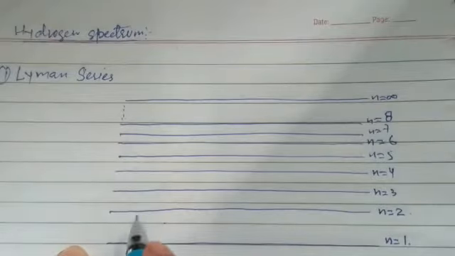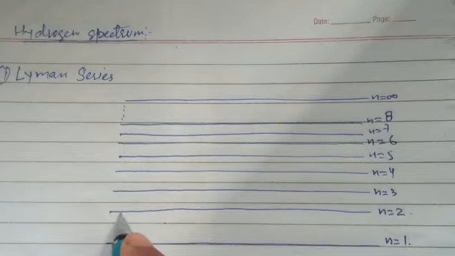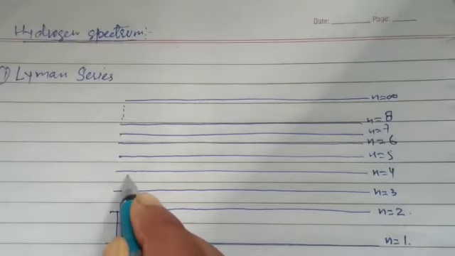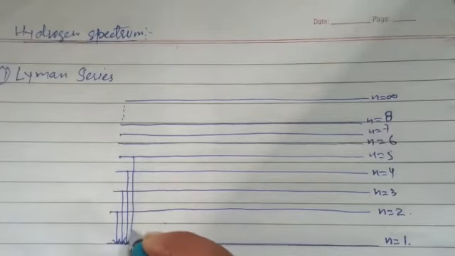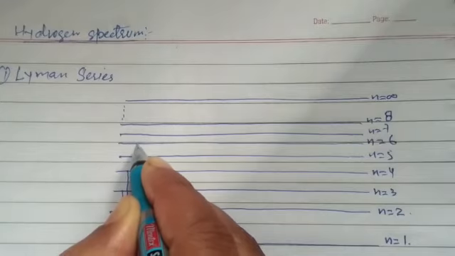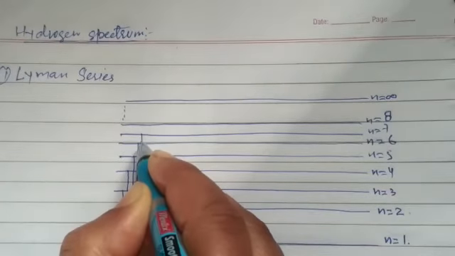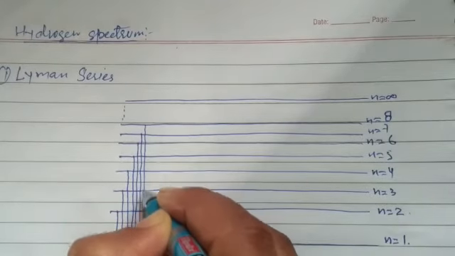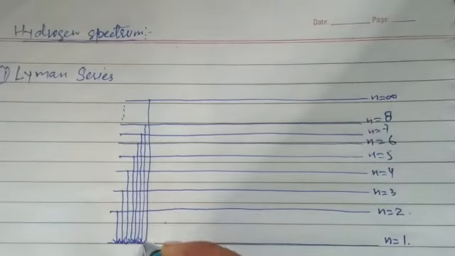Now what we read lastly: whenever there is de-excitation of an electron from n is equal to 2 to 1, or from 3 to 1, or from 4 to 1, 5 to 1, or from 6 to 1, 7 to 1, 8 to 1, or from infinity to 1, we get a series.